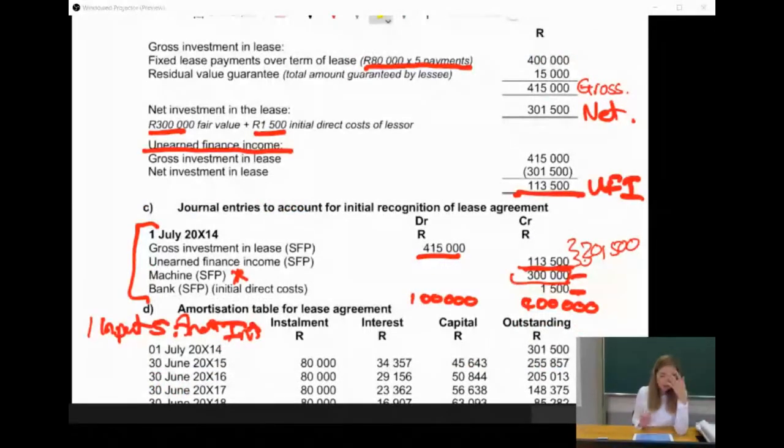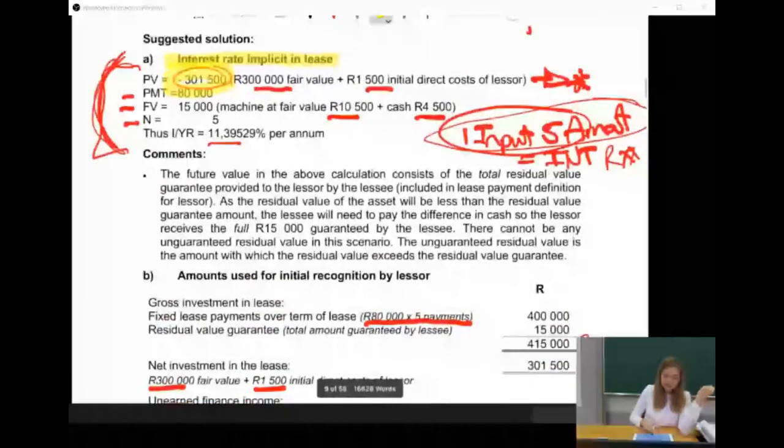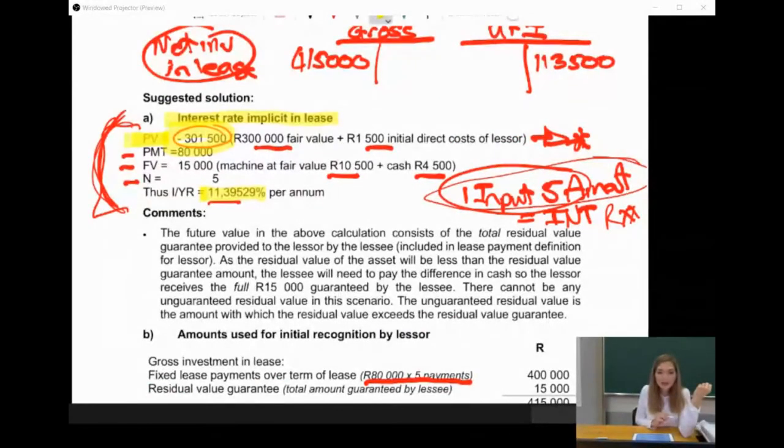So there's a deposit paid by the lessee. Obviously, it's not going to be included in my gross investment in the lease, because gross investment in the lease is only the lease payments that I still am going to get in future. However, if there's a deposit paid by the lessee, then obviously that's going to affect my interest rate implicit in the lease, because my present value on day one is going to be a smaller amount.